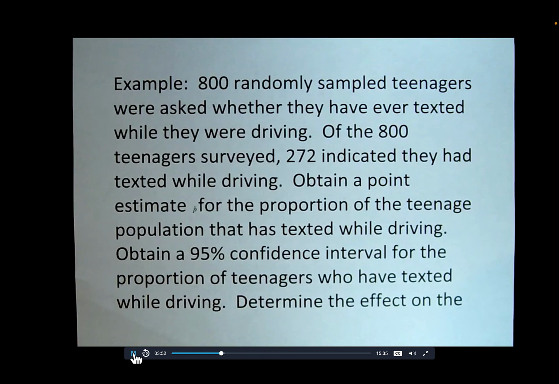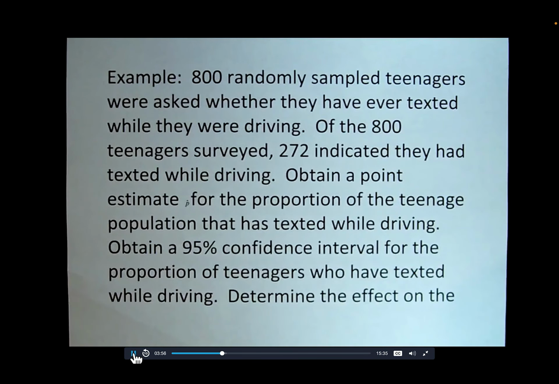So 800 randomly sampled teenagers were asked whether they have ever texted while they were driving. Of the 800 teenagers surveyed, 272 indicated they had texted while driving. So we're going to obtain a point estimate, p hat, for the proportion of the teenage population that has texted while driving.